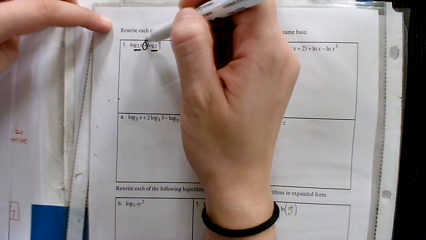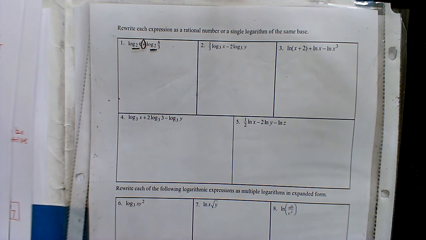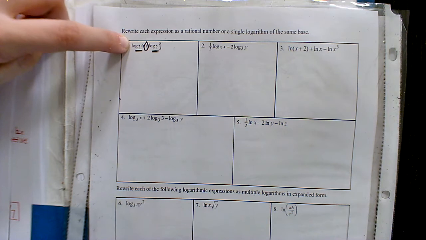The second thing that I notice is that we're adding these 2 logs together. So perhaps we can use one of those properties we mentioned to help us condense these 2 logs down to 1 log. How can we do that? We have the same base and we're adding the logs.